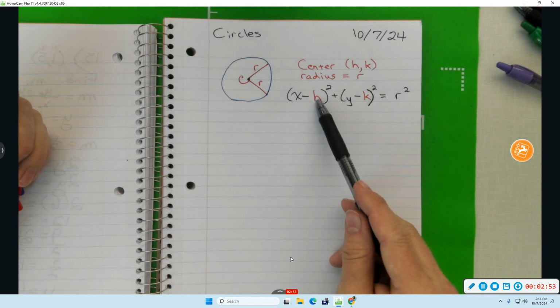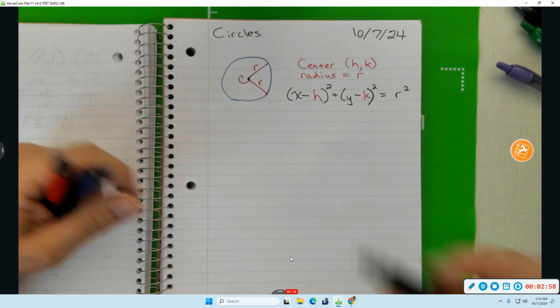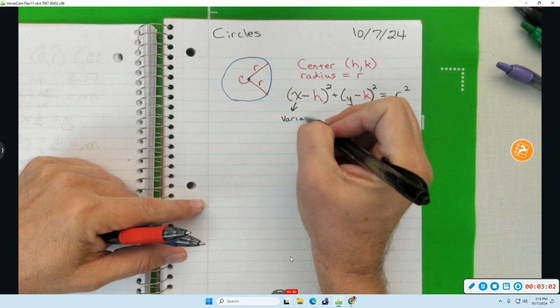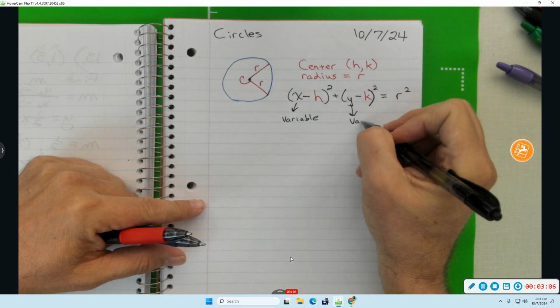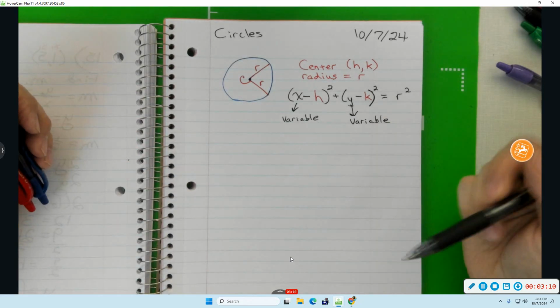Realize that h, k, and r are numbers. The variables here are x and y. The h, k, and r are all numbers.